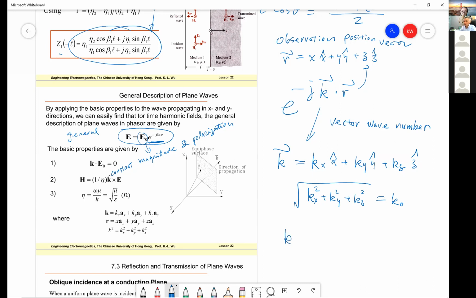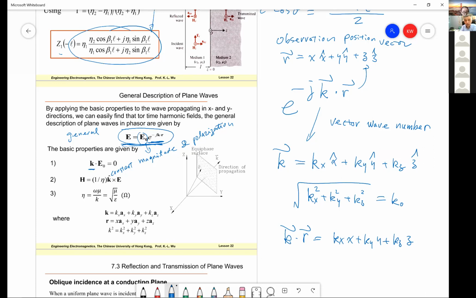So K dot R is a very concise expression. That means Kx x plus Ky y plus Kz z. Now we use the vector very concisely. We describe a general description of the wave.